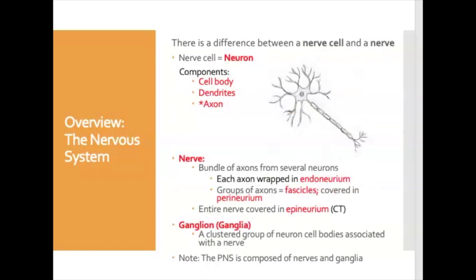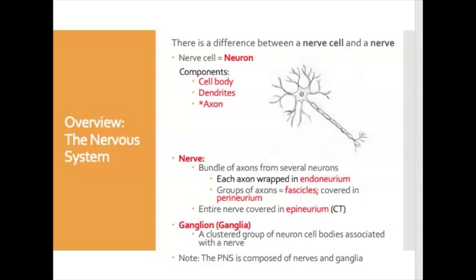Now, one of the terms that students sometimes confuse when we start talking about nervous tissue and the cells that are found in nervous tissue are these terms nerve and neuron or nerve cell. There's a difference between a nerve cell and a nerve.